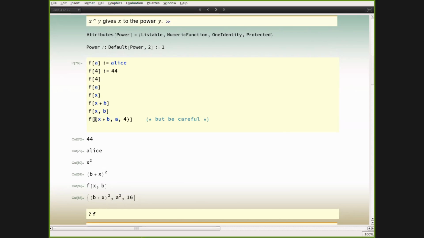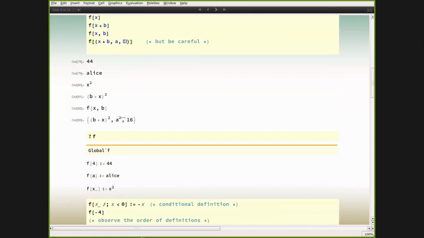Because, I repeat this once more, this whole list is passed as a single expression to the function Power, and Power simply computes the squares of the elements of this list, and that's it. So don't be surprised in such a situation when you would like to have some special cases, they won't work if the special cases are put on the list.